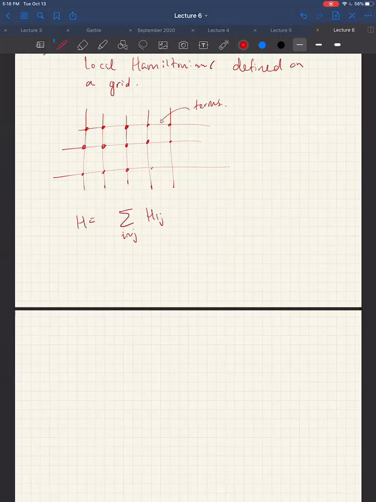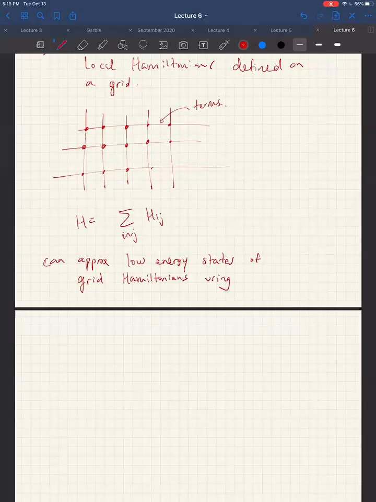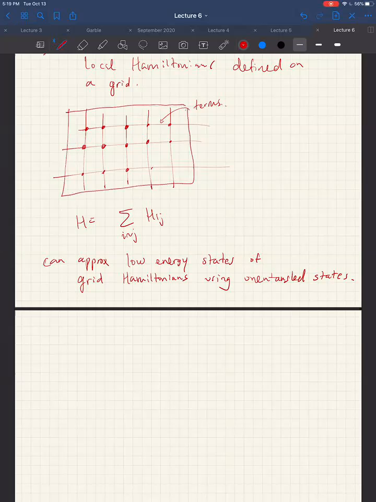Okay. So basically what I'm going to show is that you can approximate the ground state. The way we're going to do this is, let's say our grid was n qubits by n qubits, so there's n squared qubits total.